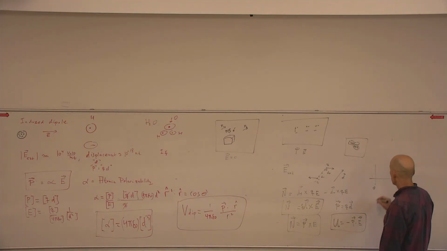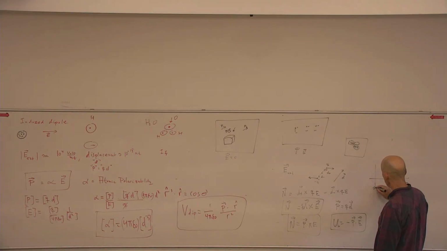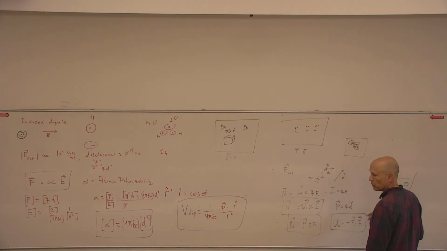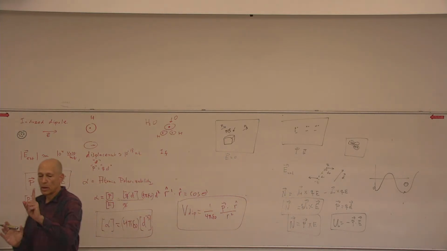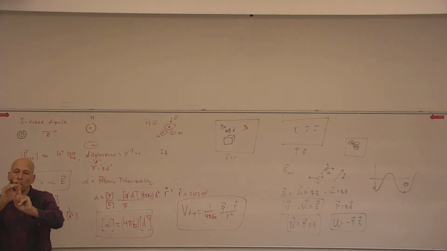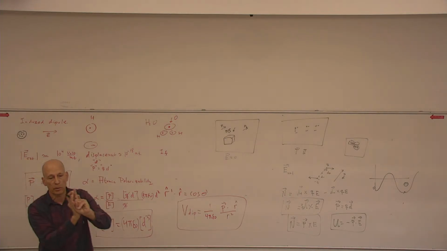A cosine starts from 1, so this will be minus 1. It will start like this, something like that, and you have these stable points. This is also obvious from the torque, because if you are pointing like this, the torque will always put you back. So these are the points of stability.